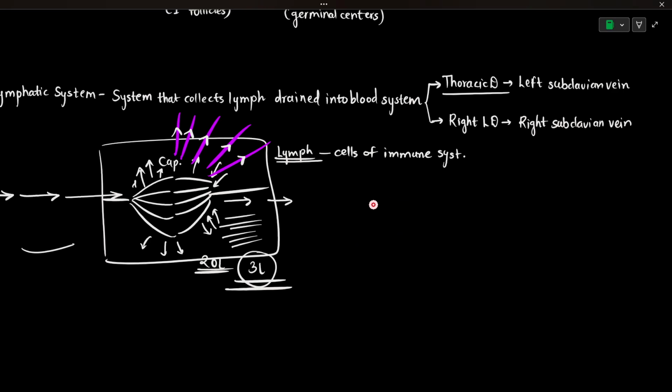But unlike the blood system, the lymphatic system drains lymph in one direction. Just like the veins have valves, the lymphatic vessels also have one way valves.